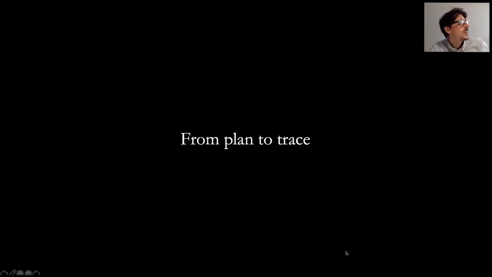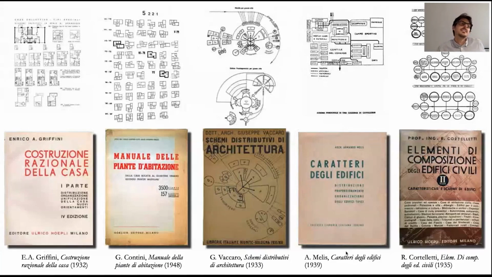Then we go to a further performance that is from plan to trace. It is really the subject of my PhD. Because what happens, starting from the beginning of the 20th century, is that the building achieves an abstract representation.